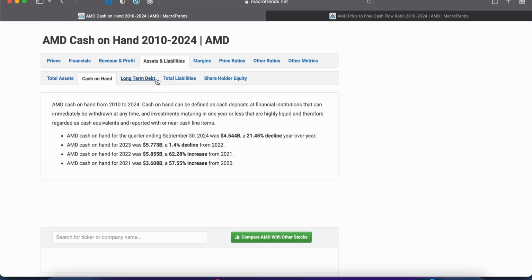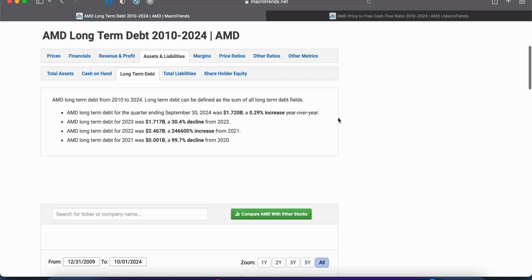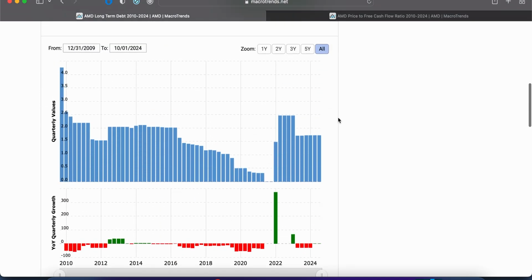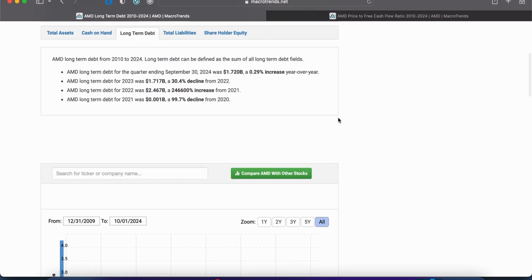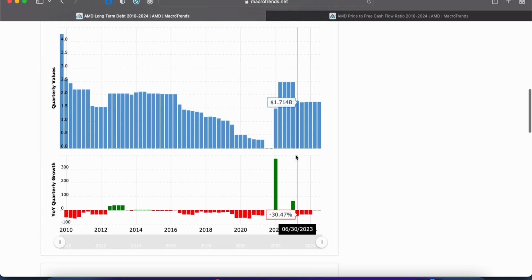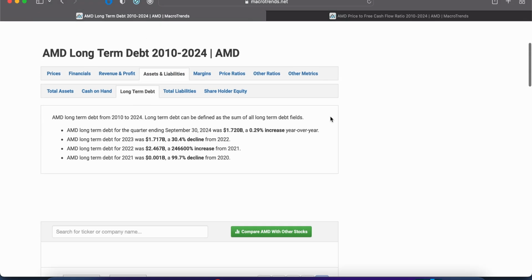Okay, let's take a look. Cash on hand is declining. What else can we look at? Long-term debt, quarterly values, hasn't changed. Let's look at just the last 4 or 5 quarters. They're not paying off long-term debt.